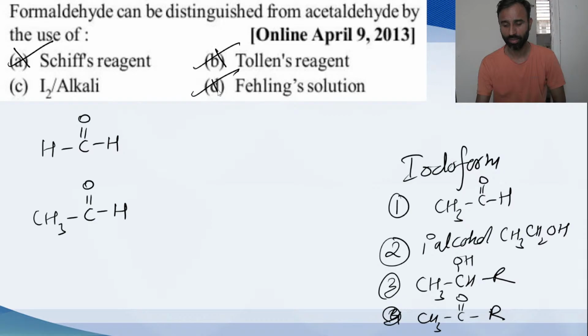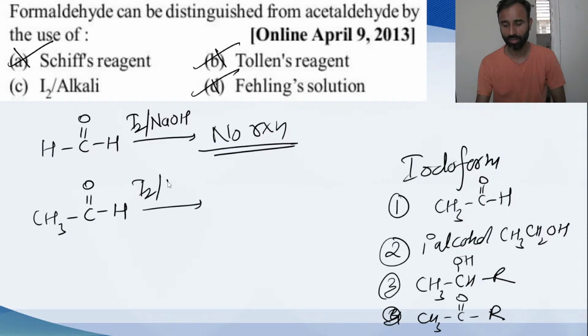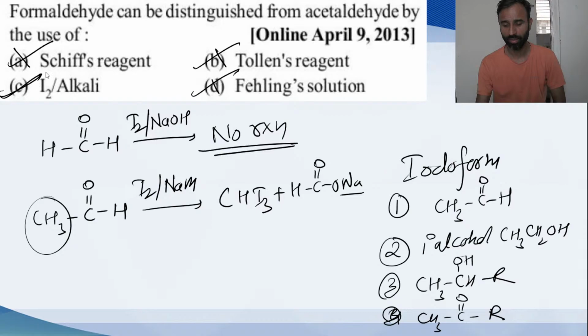But in the iodoform test, I2 in the presence of alkali, there is no reaction for formaldehyde, but because acetaldehyde has a methyl ketone-type methyl part, it will give iodoform and the rest will give the sodium salt. That's it. That means this is the right option: I2 in alkali. The iodoform test is used to distinguish between formaldehyde and acetaldehyde.